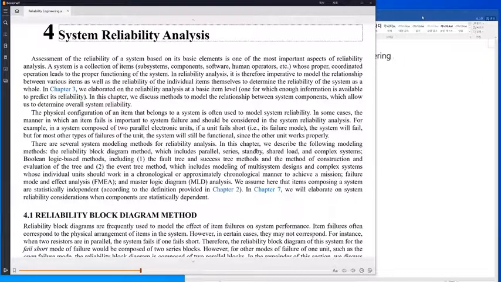And in chapter 4, we are going to combine the reliabilities of components and try to calculate the reliability of a system. So let's see one by one.